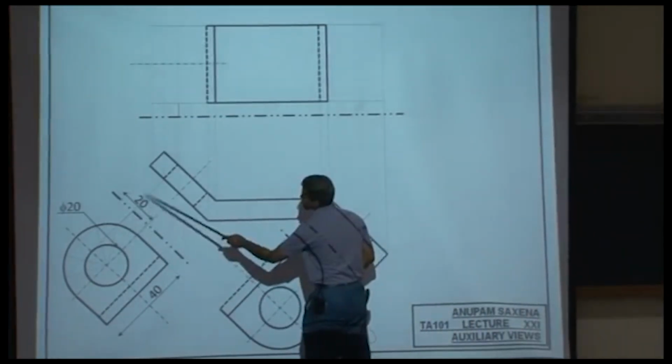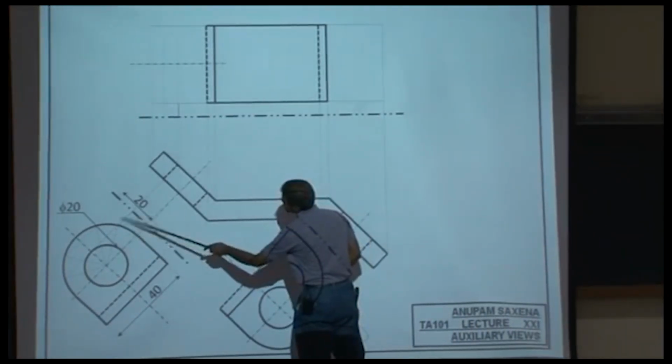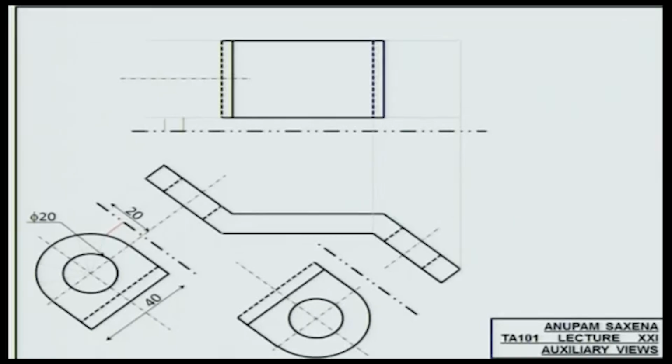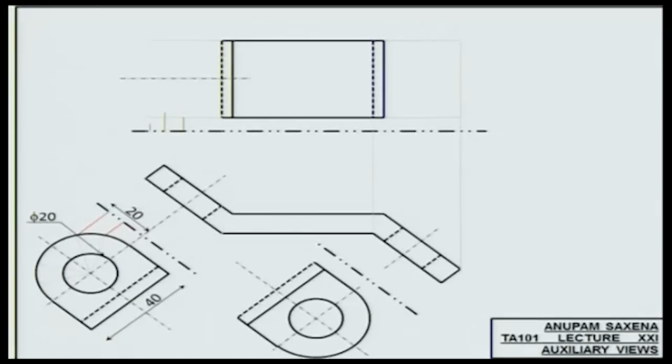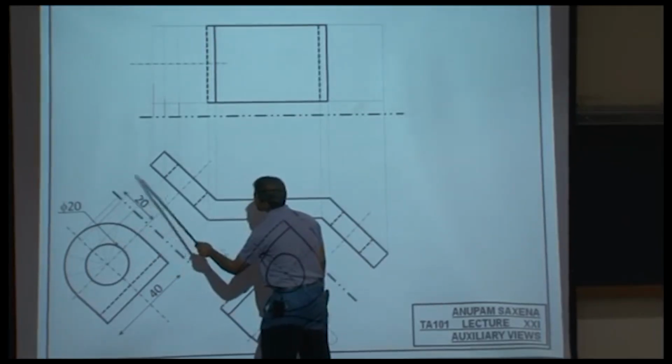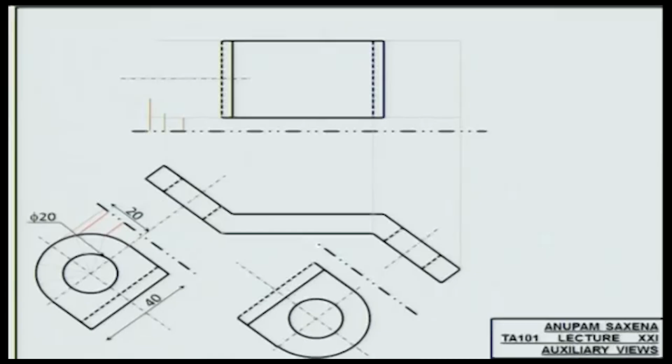Get this distance. Now this point lies on this vertical projection, this one. Measure that. This one lies over here. Measure that, get this distance from here to here. This one lies over here. Measure that. Straightforward.